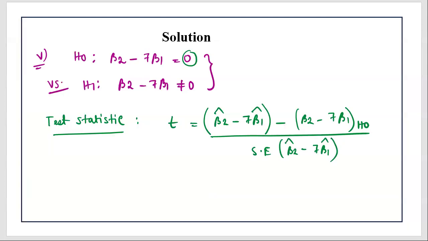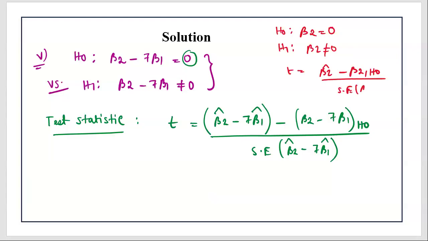See, when we have a single parameter, suppose we want to test beta 2 equals 0, then t will be beta 2 cap minus beta 2 under H naught, divided by the standard error of beta 2 cap. This will be the formula. Now you can match it. The formula structure remains the same.